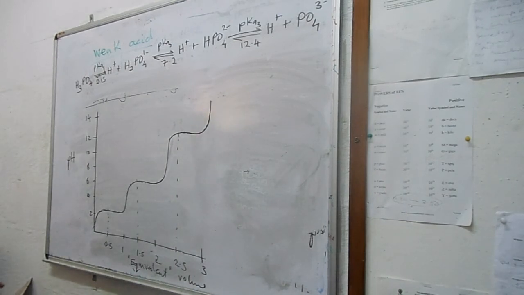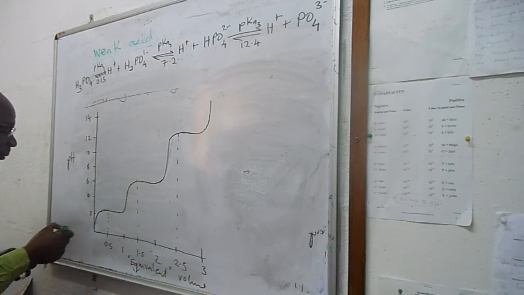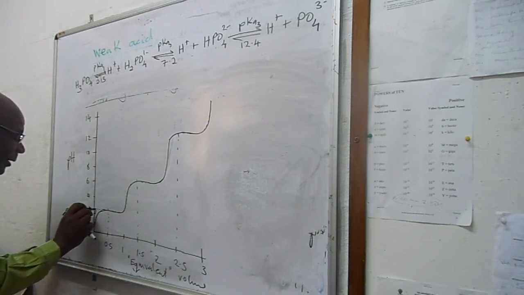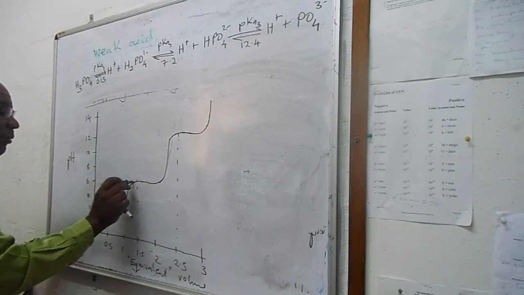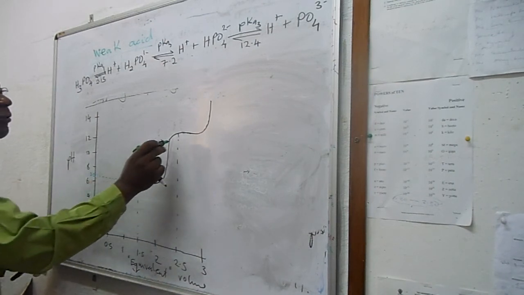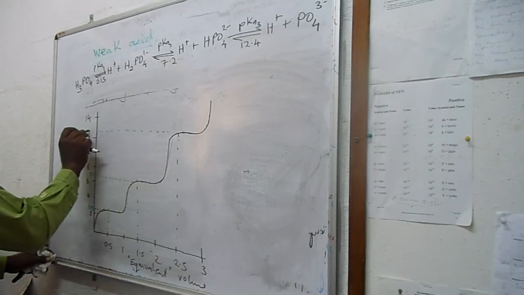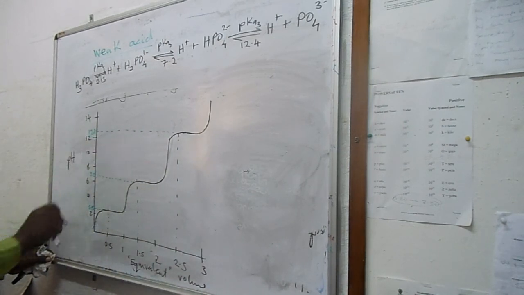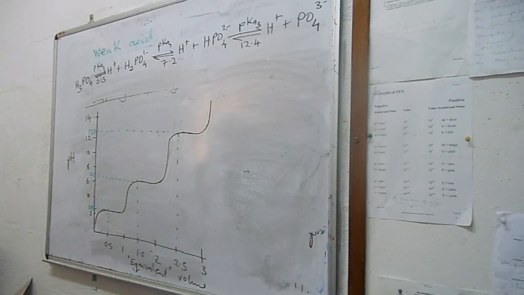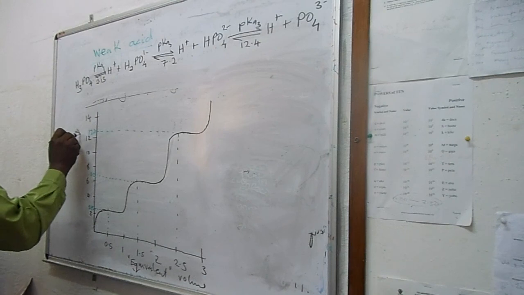The value of pH here will be our 2.15. The value of our pH here should be our 7.2. The value of our pH here would be our 12.4. So this would be your pKa3.